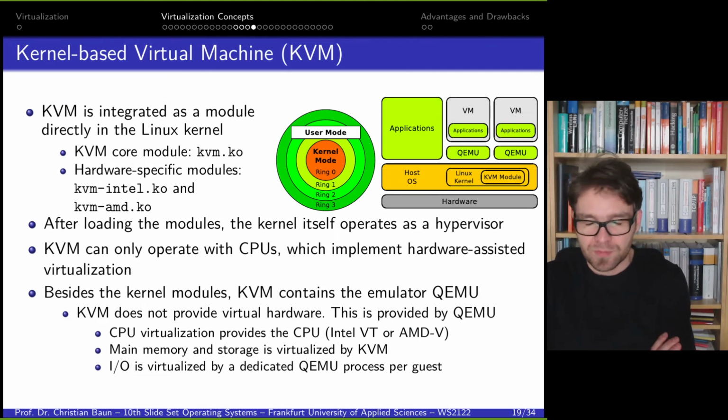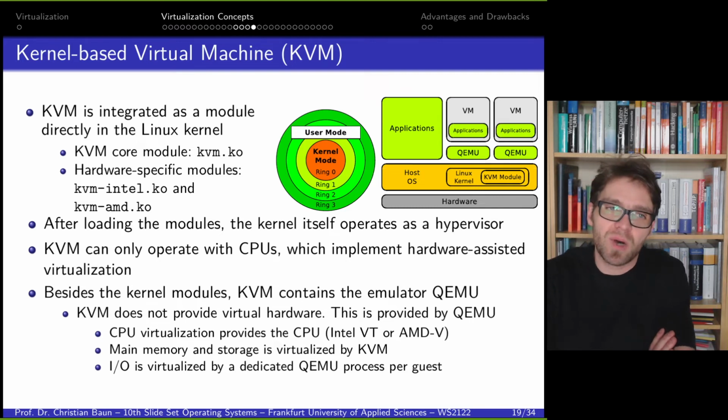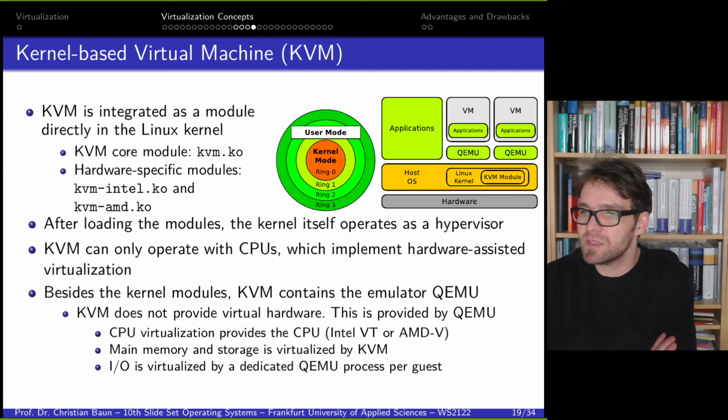So the kernel-based virtual machine allows transforming the Linux kernel into a type 2 hypervisor, and that's done by two modules. You remember Linux kernel modules: they are outsourced from the Linux kernel, run outside the Linux kernel, but with the same privilege levels as the Linux kernel.